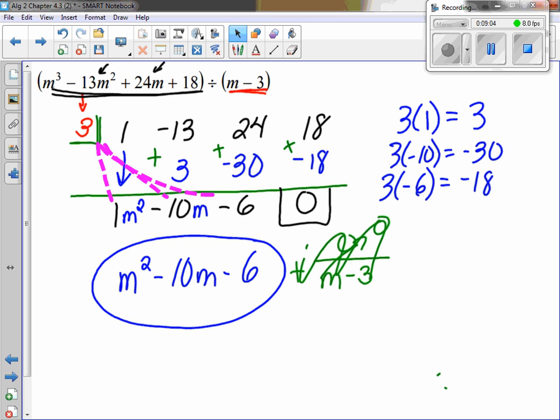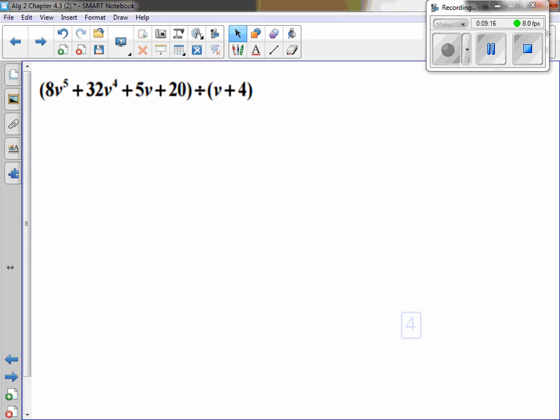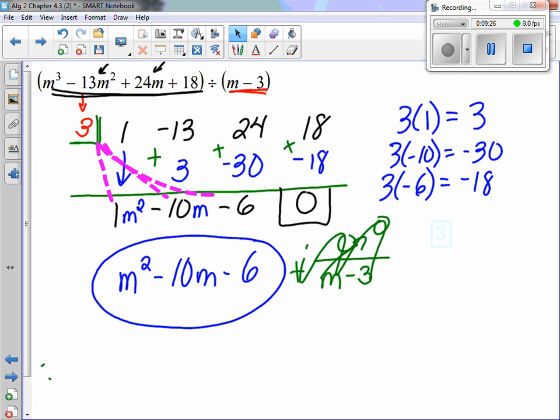Now, is it possible to get a remainder for this here? Well, yes. Is it possible for long division to not have a remainder? Yes. It just worked out that the ones we did yesterday had a remainder every single time.